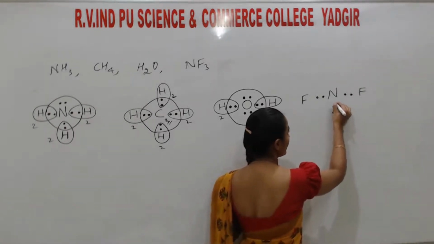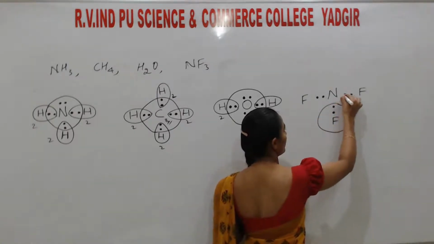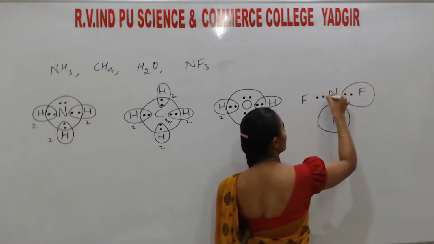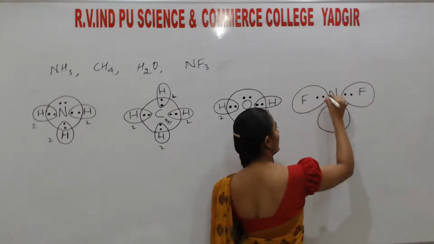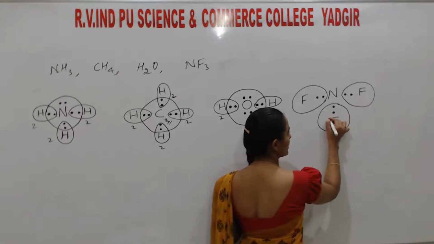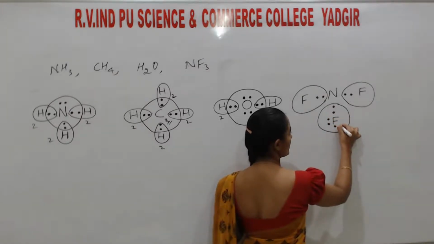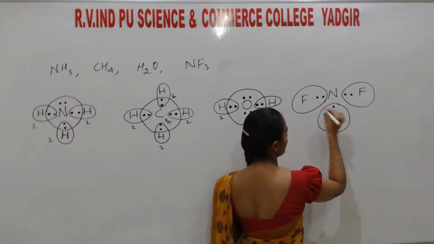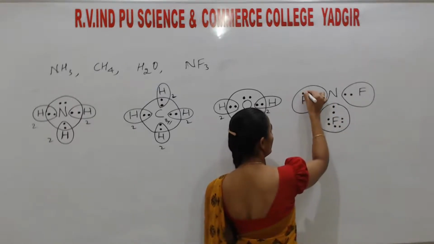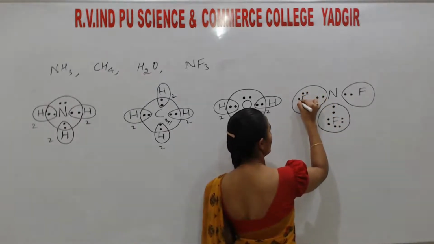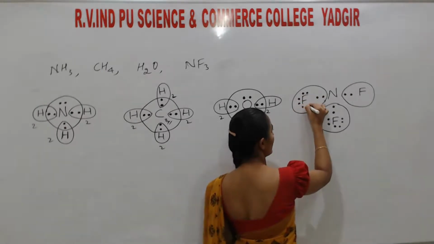Meaning if you round up for chlorine like this, we have only 2 electrons there. Remaining is 3, 4, 5, 6, 7, 8. Here also 2 are there, 3, 4, 5, 6, 7, 8.